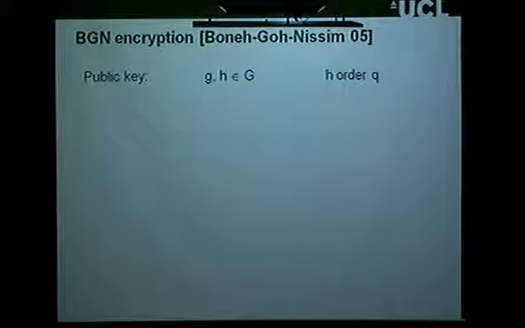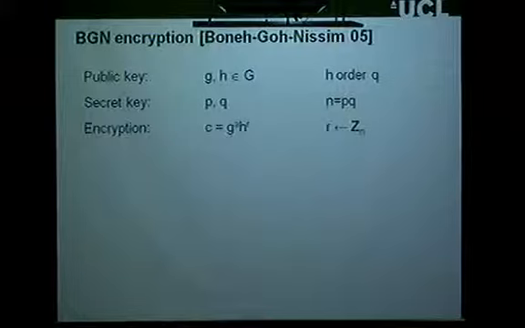So we have a public key that consists of a generator g for the group, and then h, which lives in a subgroup, has order q. And the secret key is the factorization of this order n. To encrypt the message, we compute a ciphertext, which is g raised to the message a, and then h raised to some randomness.